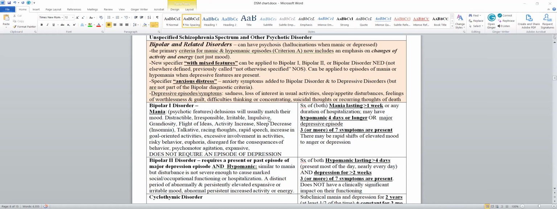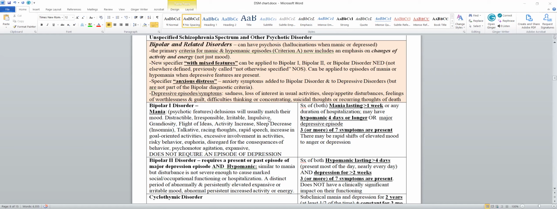A new specifier with mixed features can be applied to bipolar 1, 2, or not elsewhere defined, previously called not otherwise specified. It can be applied to episodes of mania or hypomania when depressive features are present, and that specifier is called with mixed features.